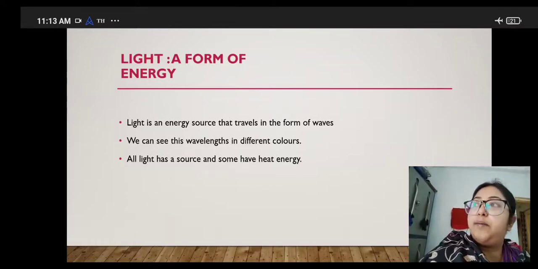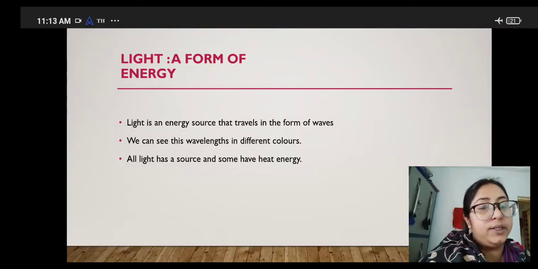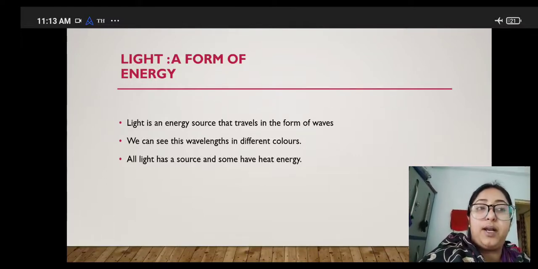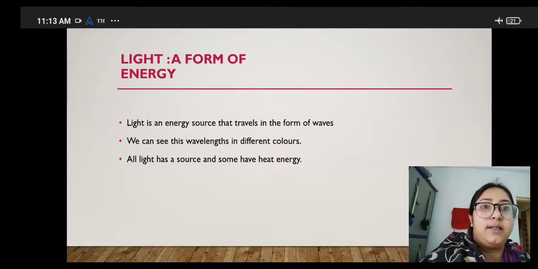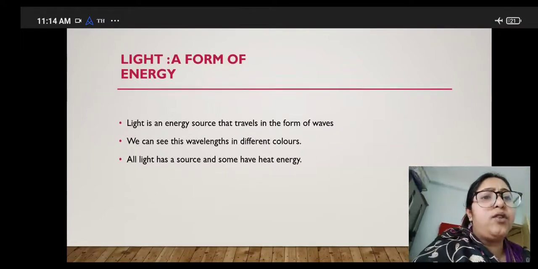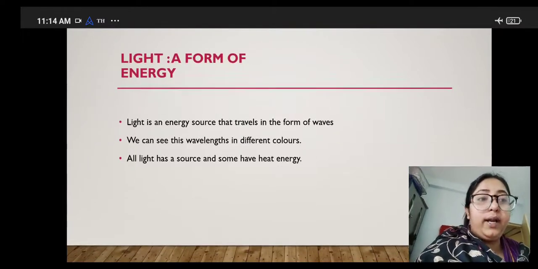A source can be luminous or non-luminous. Luminous sources are those which can emit their own light, like tube light, sun, all these things, and non-luminous sources are those which cannot emit their own light.